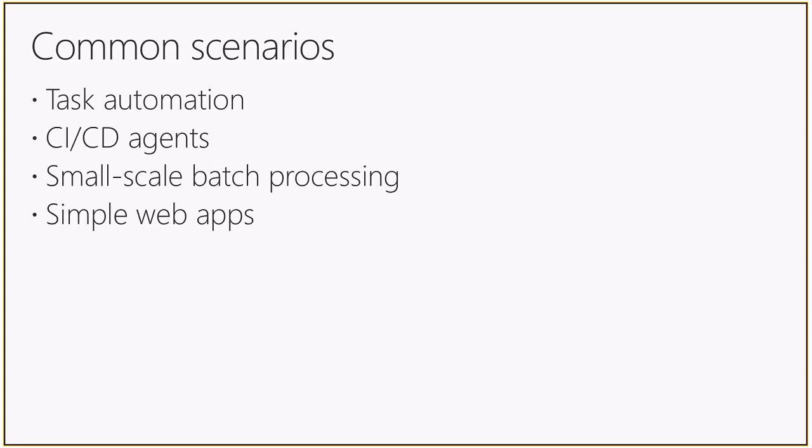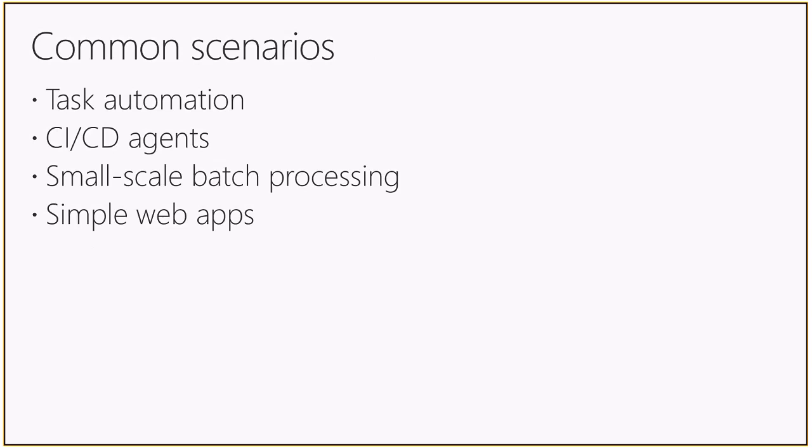Instead of running those VMs where they sit idle most of the time and maybe work 20% of the time, you can take advantage of container instances, spin those up, do the task, and then spin them down. They will be faster because a virtual machine will take more time to spin up and go down.